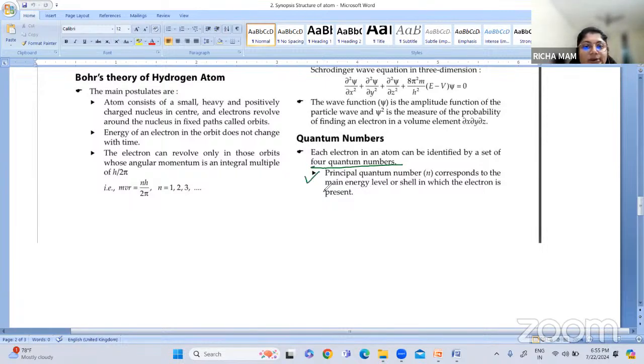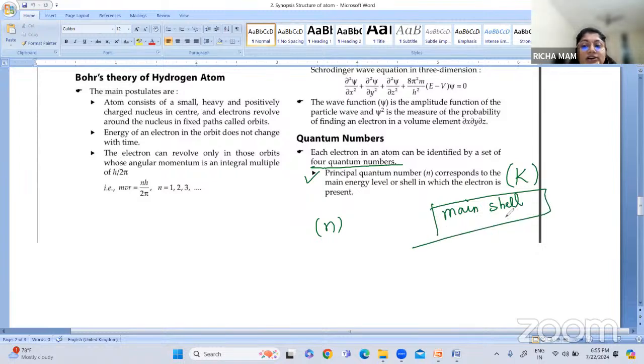Which is the first quantum number? It is the principal quantum number, represented by small n. It represents the main energy level, or the shell in which the electron is present. It is represented as K. So it represents the main shell where the electron is residing.